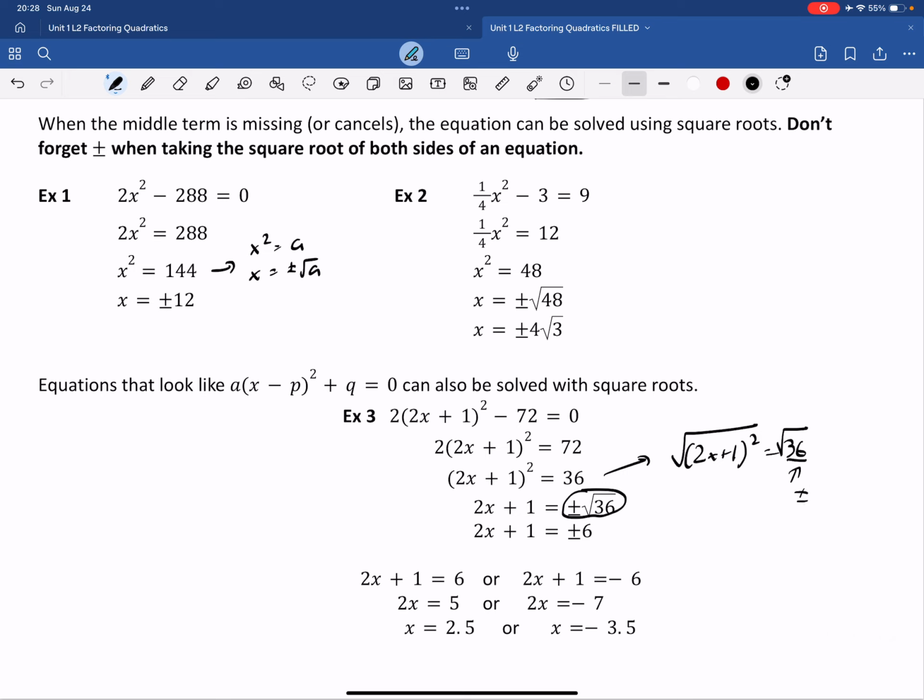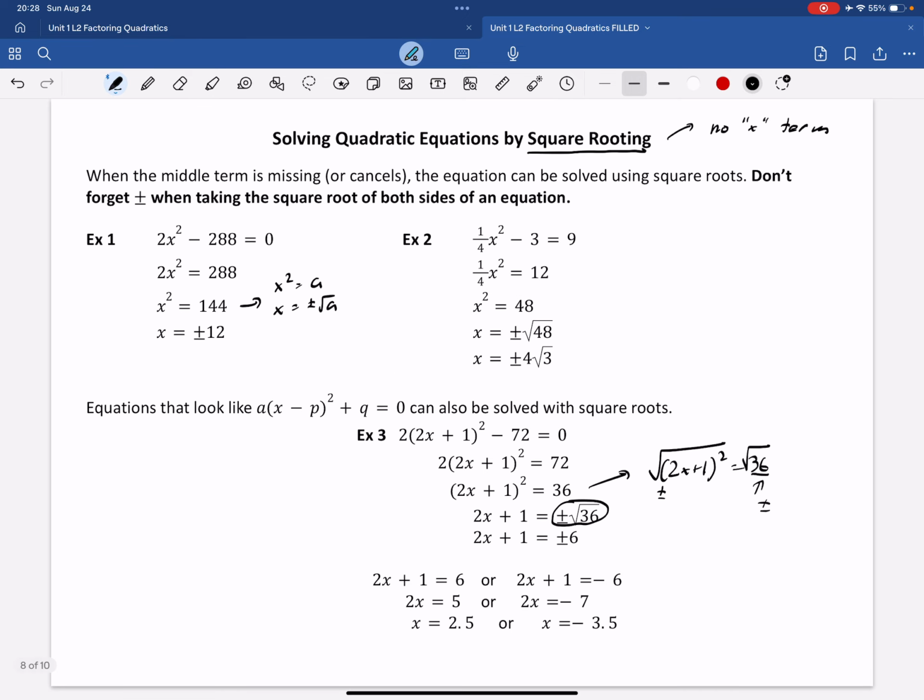Because this was a positive to start. Really what we're doing is we're putting the plus or minus here because x could be positive, but then we're moving it over here numerically to solve for x. So it's just sort of working in a backwards way.